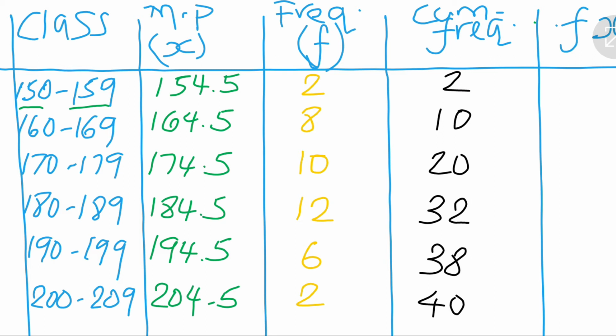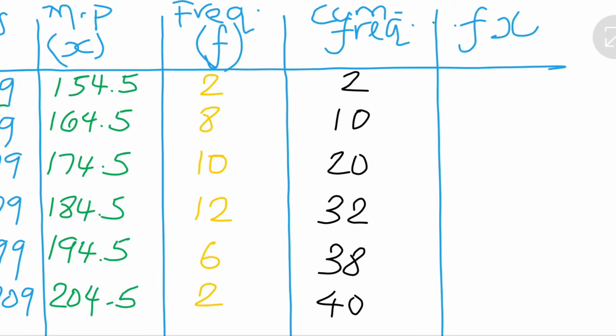Next, we are going to calculate fx. To get fx, we are going to multiply the column f by the column x. So the first one is 154.5. So here we shall need a calculator, 154.5, and we are multiplying that by 2 to get 309.